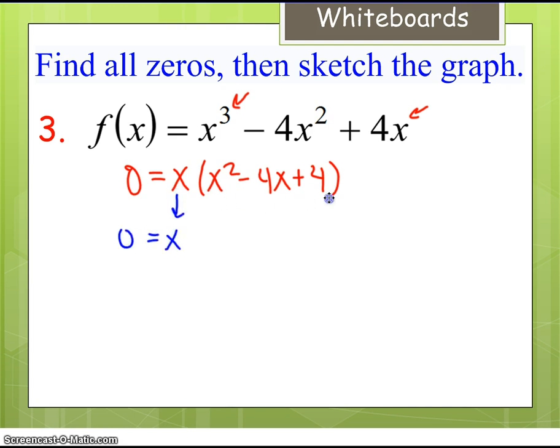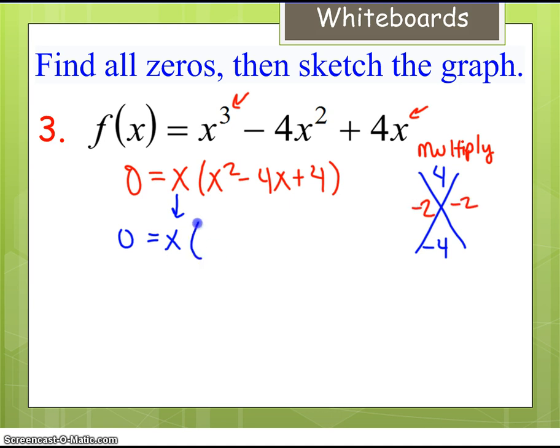The trinomial, I could do diamond method. Factors of the last one, positive 4, that add up to negative 4. What times what is positive 4 and adds to get negative 4? Think about it for a second. Negative 2 and negative 2.